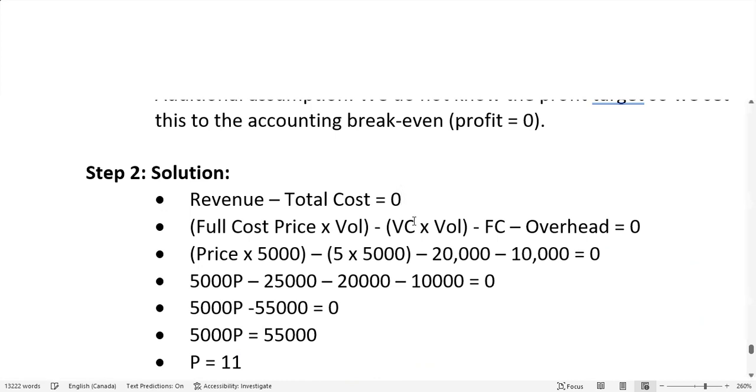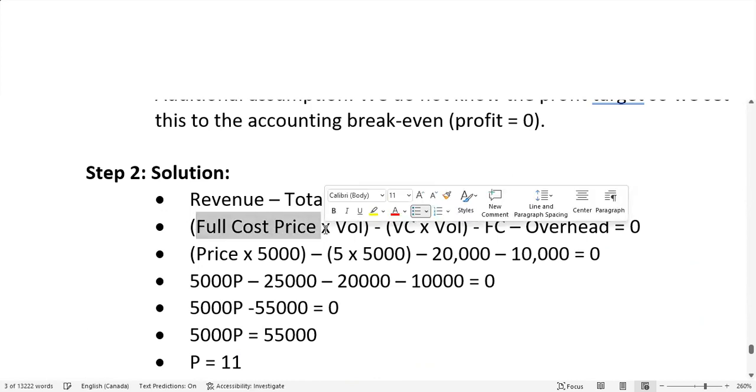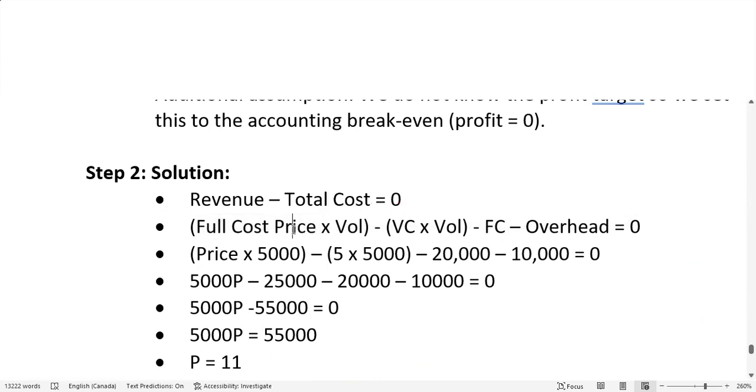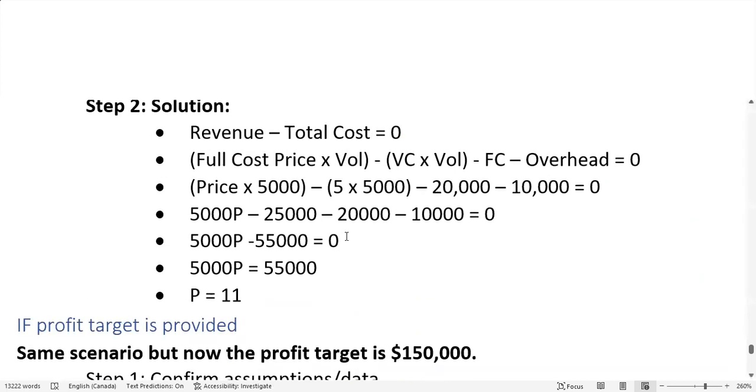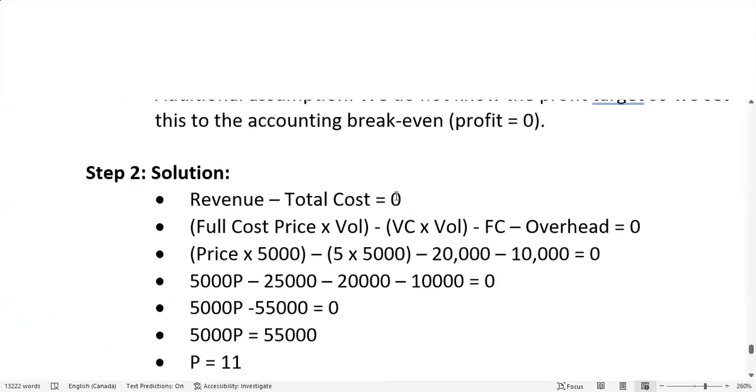To calculate revenue, the revenue is the full cost price times volume. We know the volume, and what we don't know here is the full cost price.